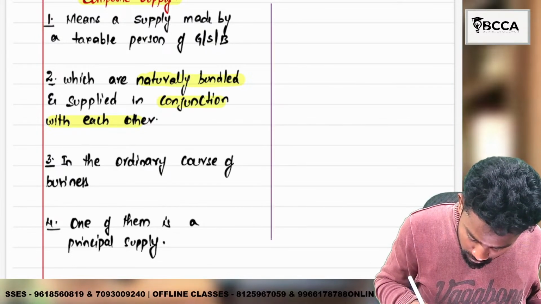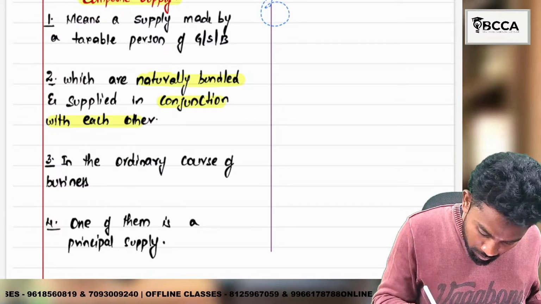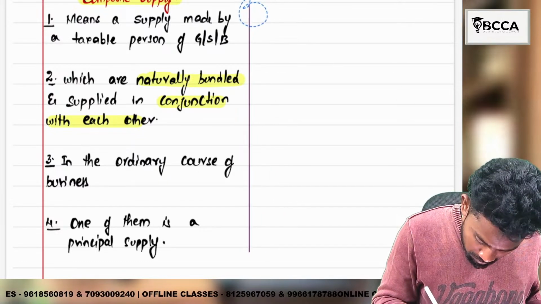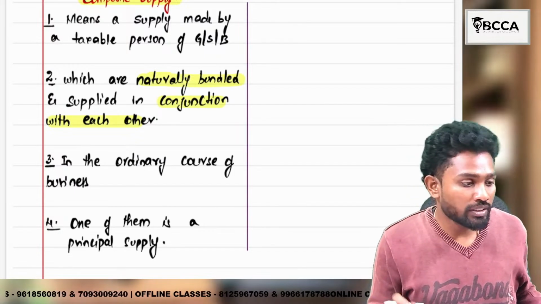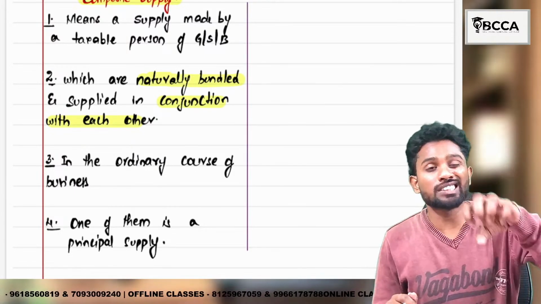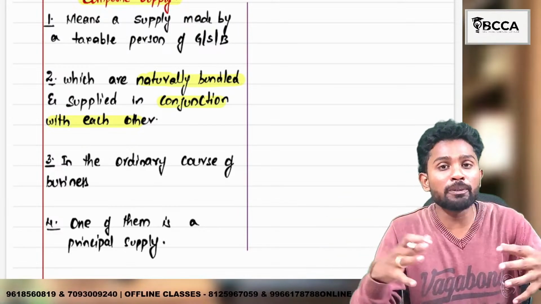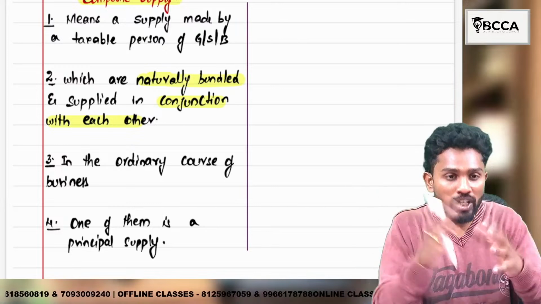There is a supply of goods, services or both, made by a taxable person, and such multiple supplies are naturally bundled and conjoined. Together they have been supplied.